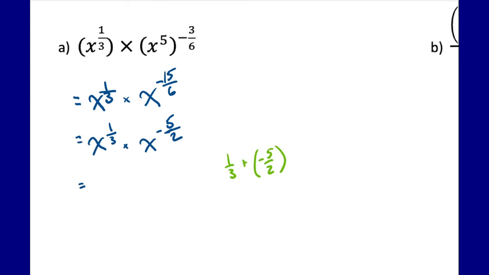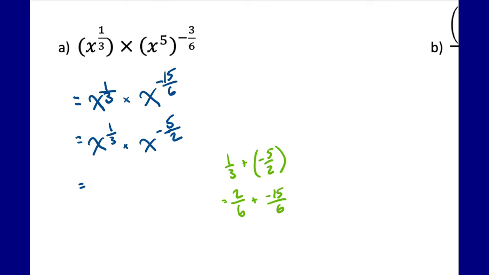When we're adding fractions, we want to ensure that they have the same denominator. So in order to get the same denominator, we need to come up with equivalent fractions. In this case, 1/3 and negative 5 over 2, common denominator is 6. So 2 over 6 plus negative 15 over 6.